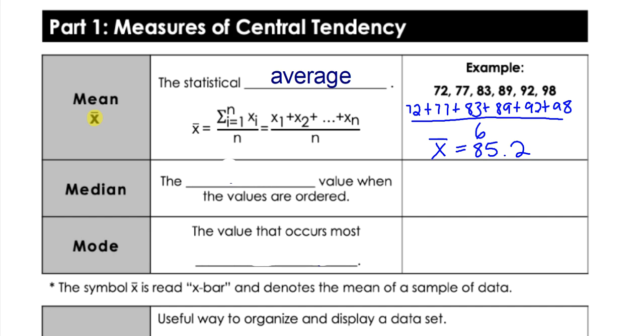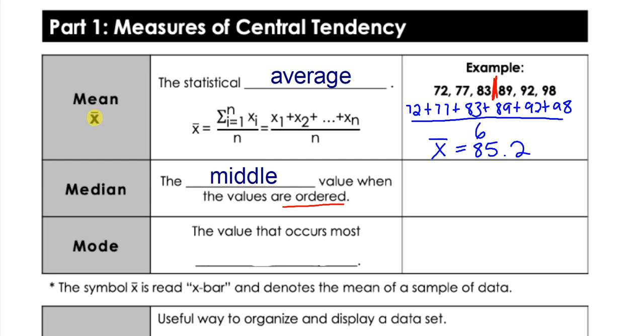The next measure of central tendency that we're going to talk about is the median. The median is the middle value when the values are placed in order. So it's really important that we put things in order first. In this data set, in order from lowest to highest, the middle is in between 83 and 89.